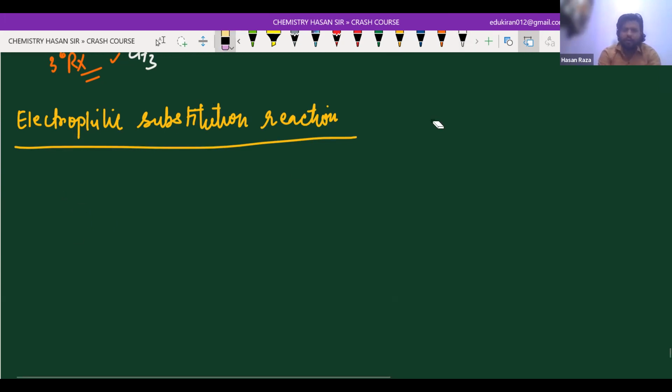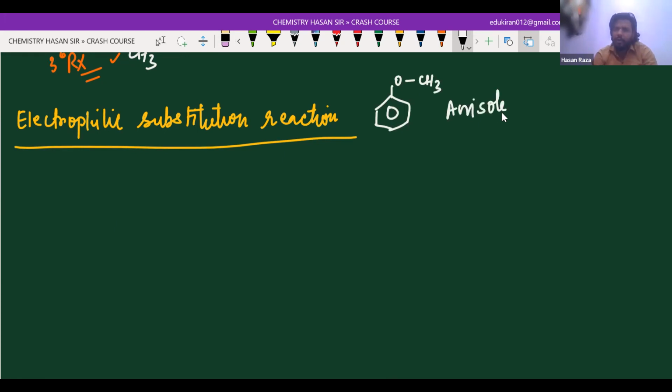I'm going to give you directly in a single step. We are going to do the electrophilic substitution reaction of this, which has a common name, that is anisole. Can anyone tell me its IUPAC name? Methoxybenzene. You can write methoxybenzene.